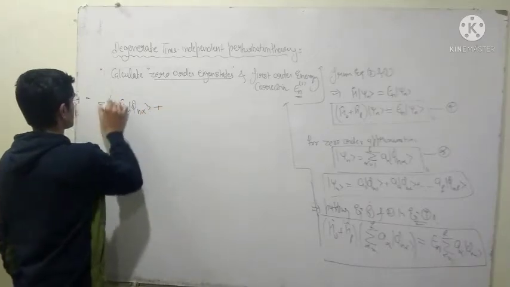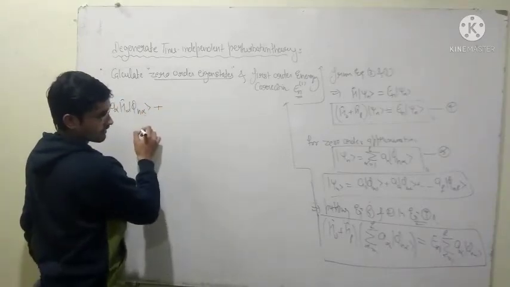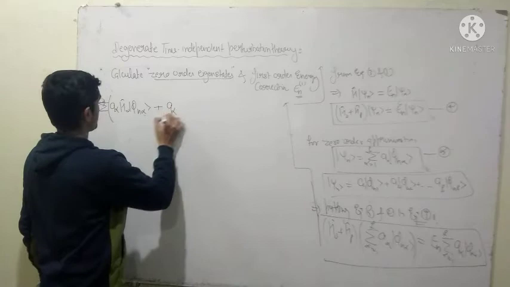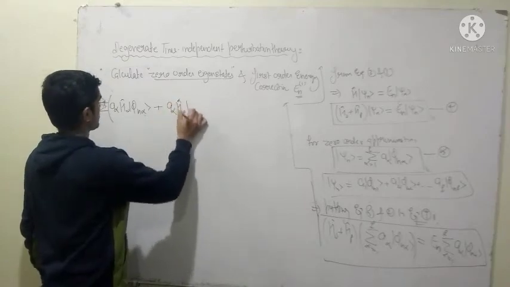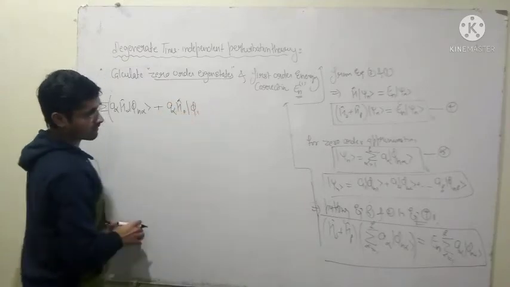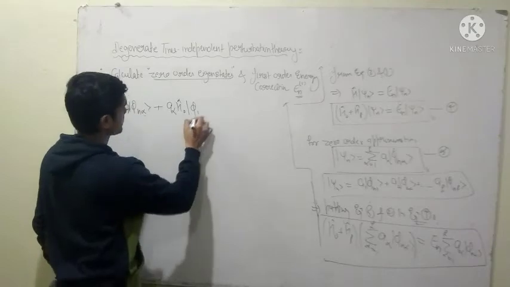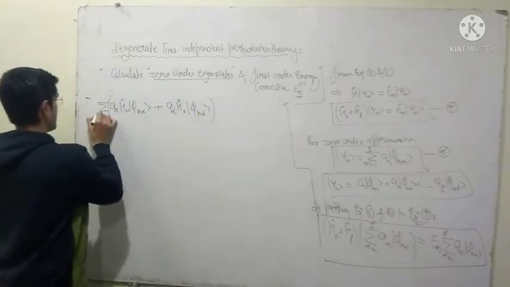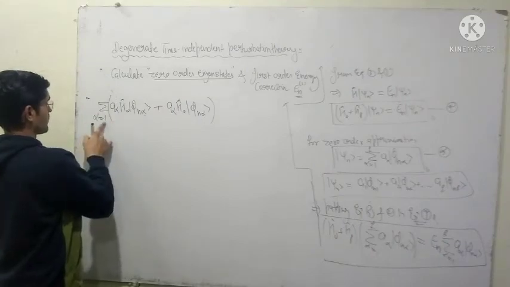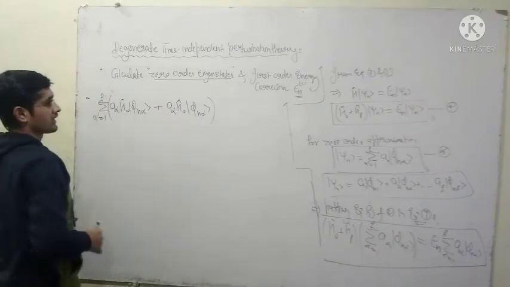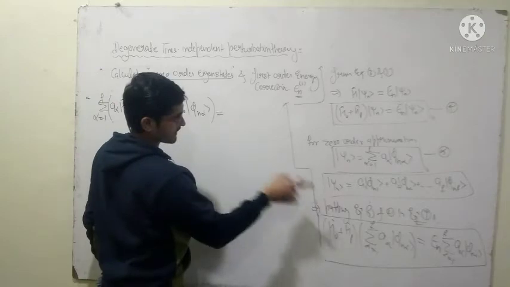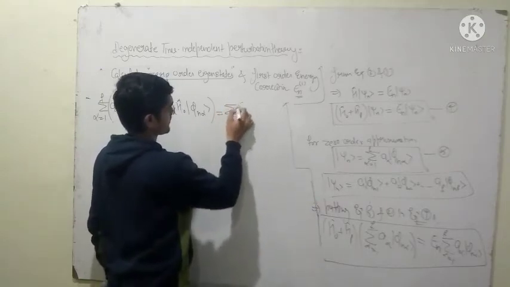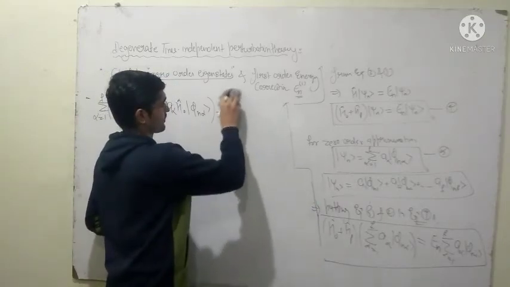Plus a alpha, and Hp has to act on phi n alpha, and the summation is over all the alphas from 1 to f. On the right hand side, it will be the same, because there is nothing to act.